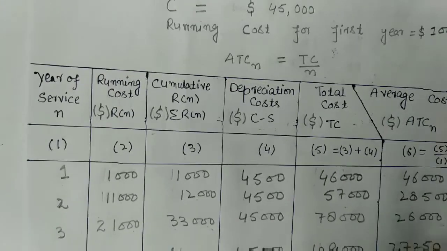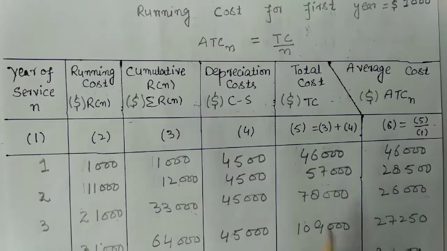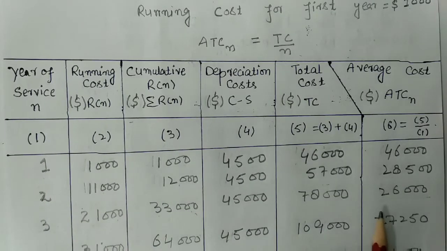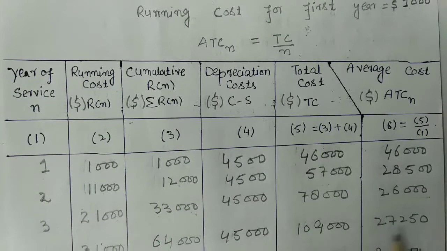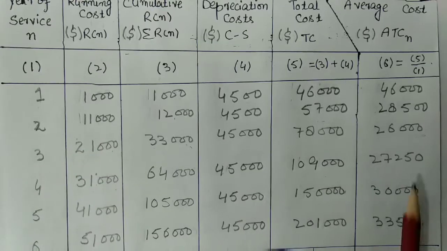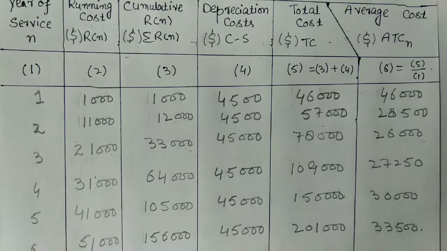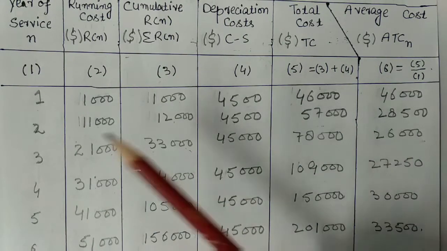Similarly 78,000 divided by 3, I will get 26,000, and so on. All other values will be derived in the same procedure. Now we have to find out when machine A should be replaced. For this, we will compare the average cost for 6 years.